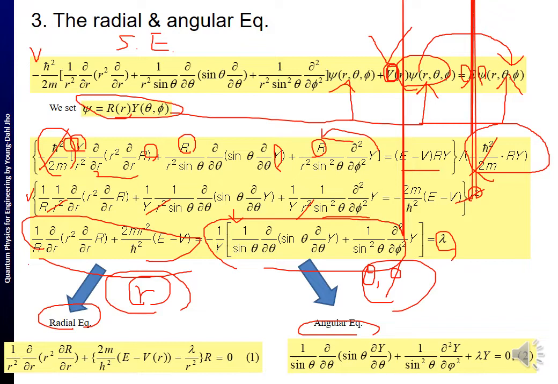It looks quite complicated, but as I said, it is still okay as long as you remember the three different quantum numbers, n, l, and m. The radial equation gives you the principal quantum number n. The angular equation will give you l and m.